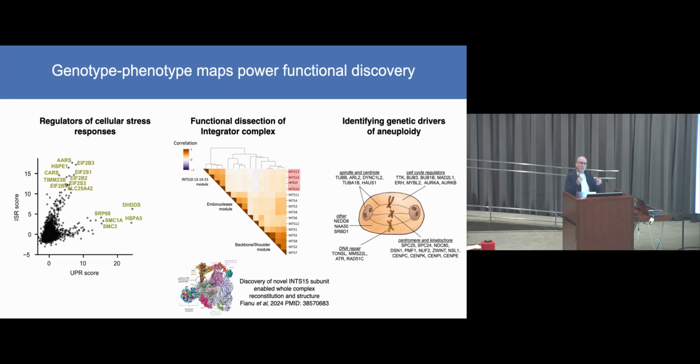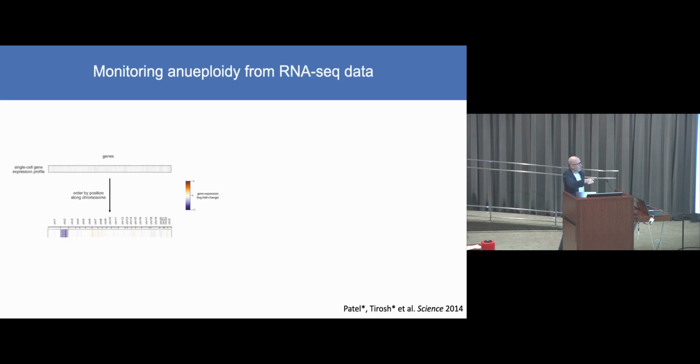So there's no immediate signature that you could say, these 5 genes went up, these 10 genes went down, that looks like aneuploidy. However, if you ordered the genes based on where they were in the chromosome, if you lose, in this case, chromosome 2, what you'll see is a global decrease in expression across chromosome 2, but not the other chromosomes, because you have only 1 copy of chromosome 2, not 2 copies.